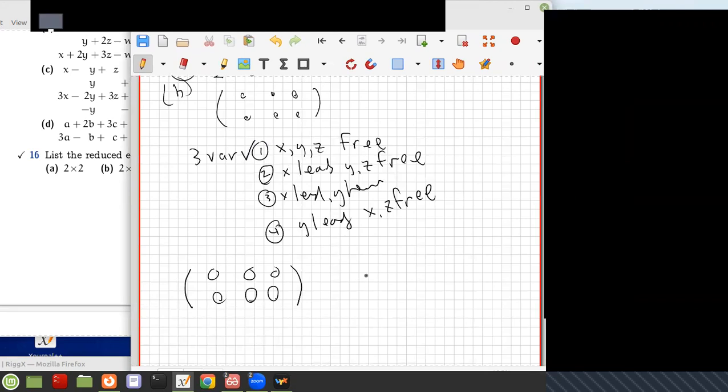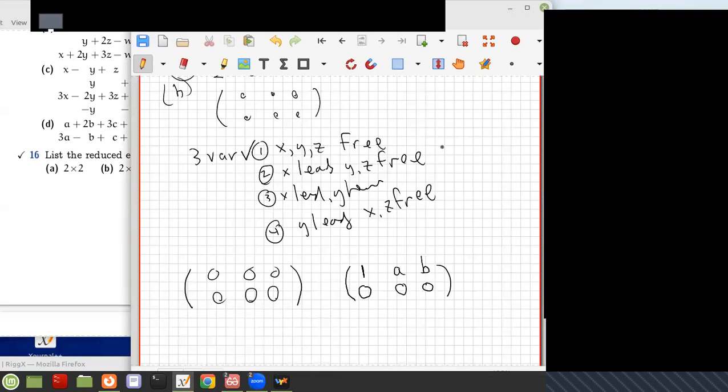Now, if X is free, that means this is a 1, right? If X is free, this is a 1. There has to be a 0 here. But if Y and Z are free, neither one of them can be leading here. So I have to have zeros there. But then I could have an A and a B. It could have any numbers I want there, right?